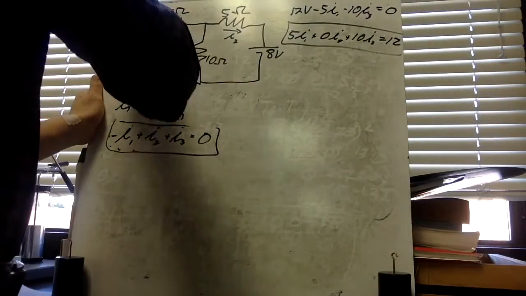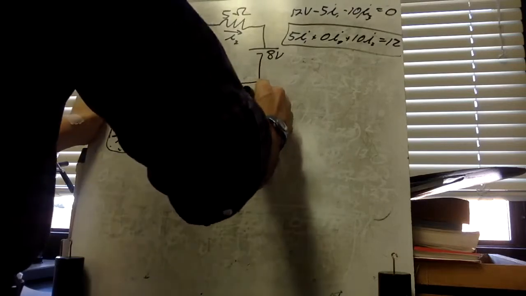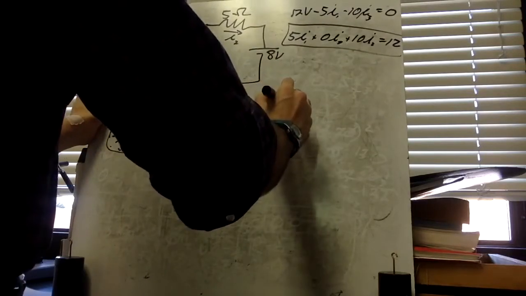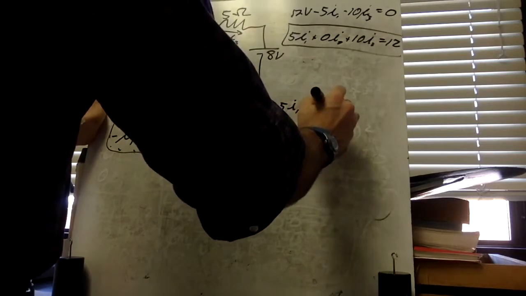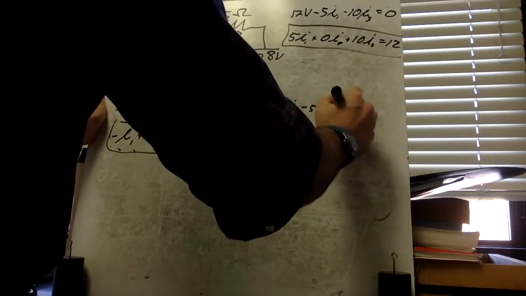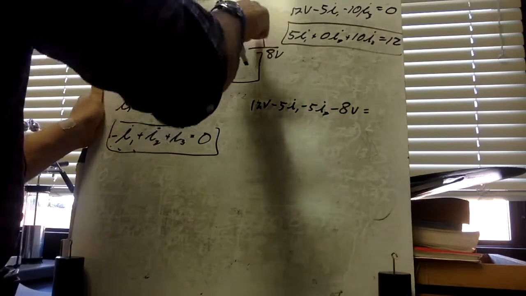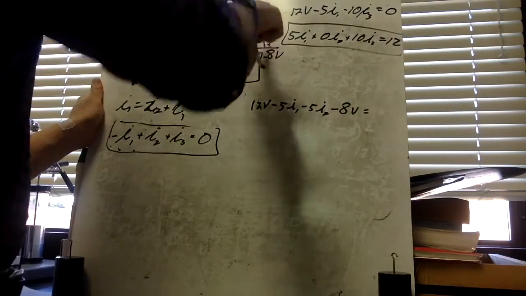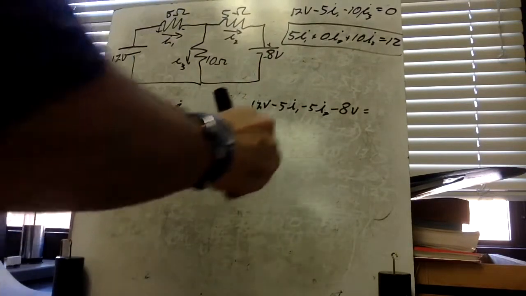Okay, now I'm going to write an equation for going all the way around this thing. So starting here again, I've got 12 volts minus 5I1 minus 5I2 minus 8 volts, because I'm going this way, on the wrong side, so this is plus minus. This is a potential drop going from positive to negative, and so equals 0.